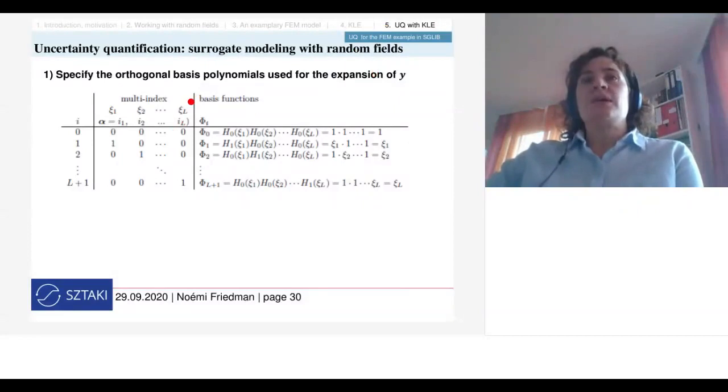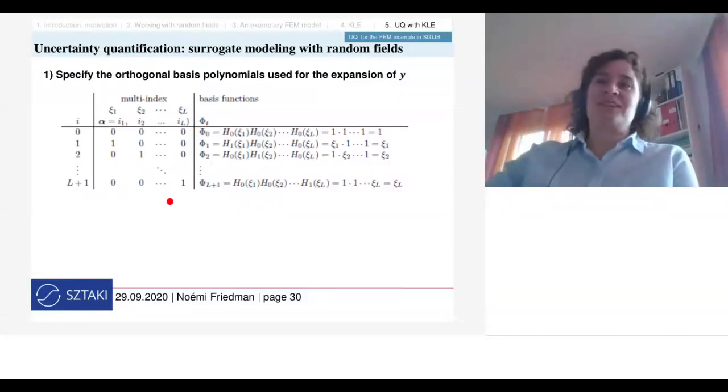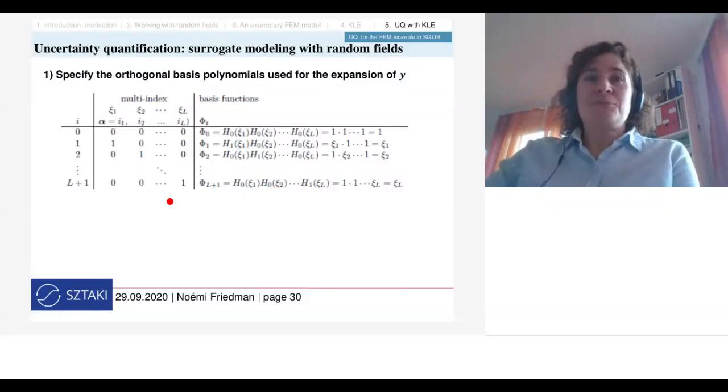So the first step is to define for the surrogate model a basis, a set of orthogonal polynomials. So maybe some of you who can switch on the microphone can tell me, if I have a set of Gaussian random variables, what basis should I use? Yes, exactly.